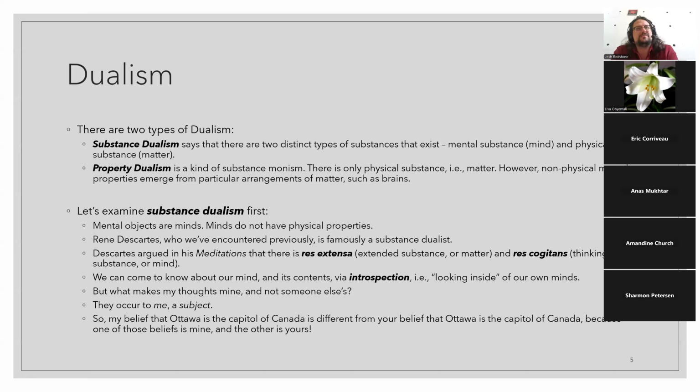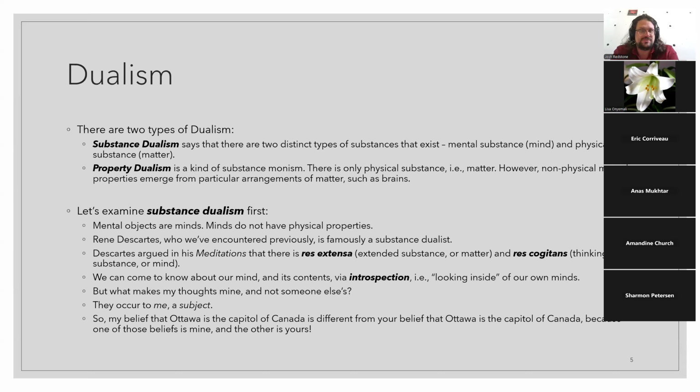It's a kind of substance monism, as I mentioned earlier, where there's only physical substance, so matter, energy, those physical things we talked about earlier, but there are non-physical properties that emerge when matter is arranged in the right kind of way, like brains, or better, whole persons with brains. So that's property dualism. Substance dualism is a type of dualism, but property dualism is a type of substance monism. But there are two kinds of properties. So just keep that in mind.